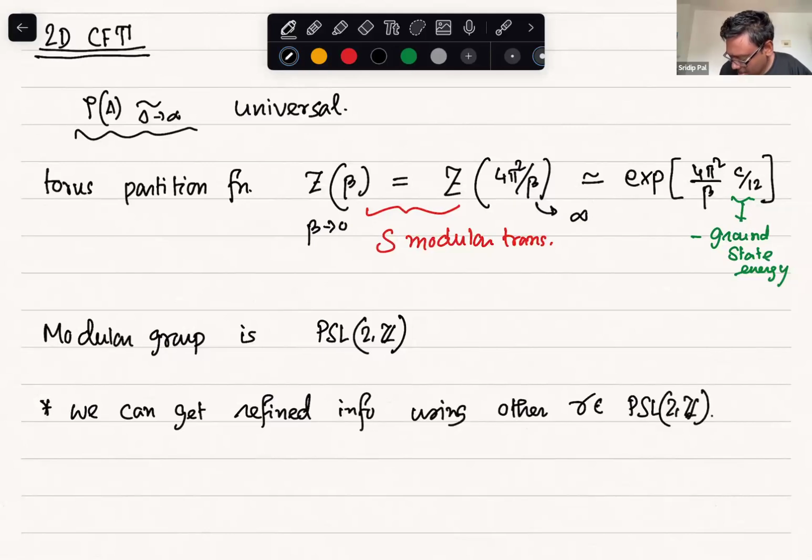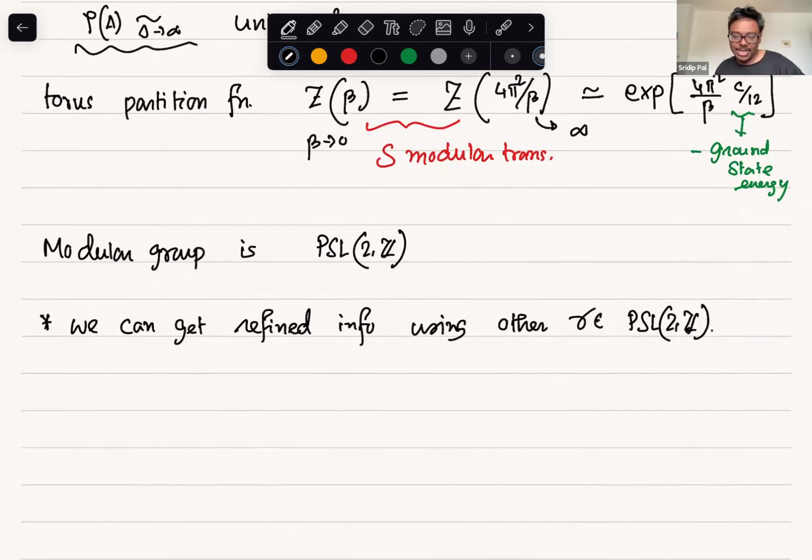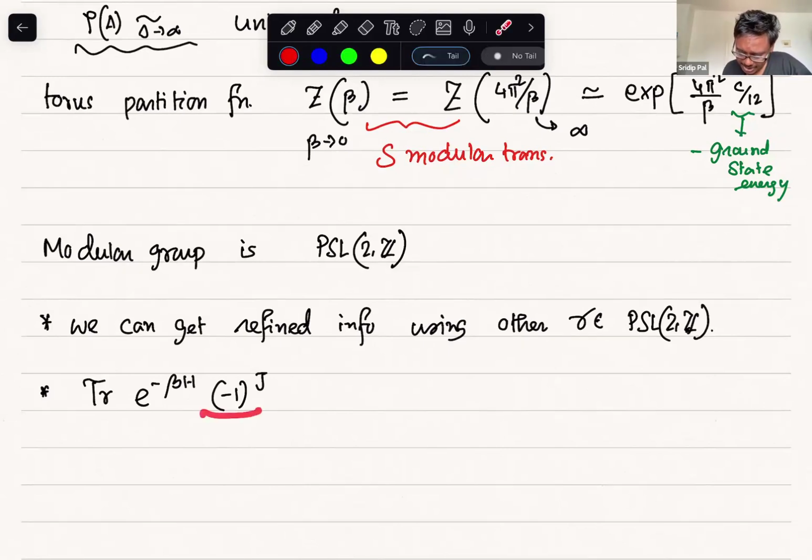As a prototypical example, let us ask what is trace e to the power minus beta H times minus 1 to the power J. Because of the insertion of minus 1 to the power J here, it weights the even spin and the odd spin with a different sign. Even spins come with a plus sign and odd spins come with a minus sign.